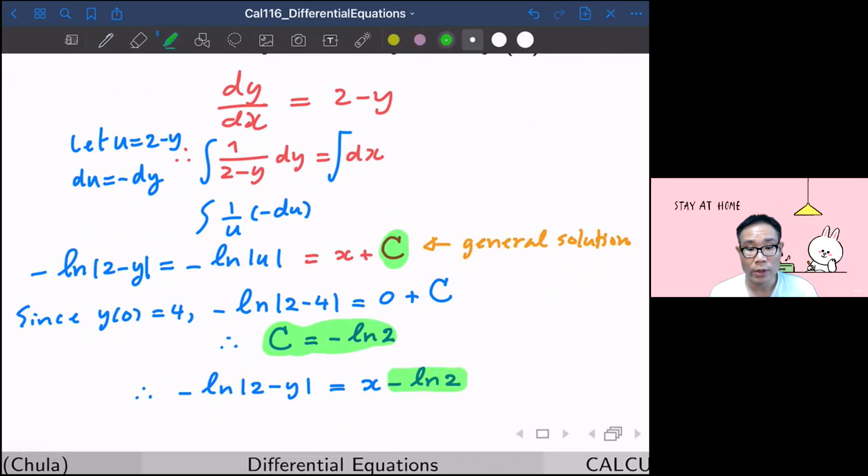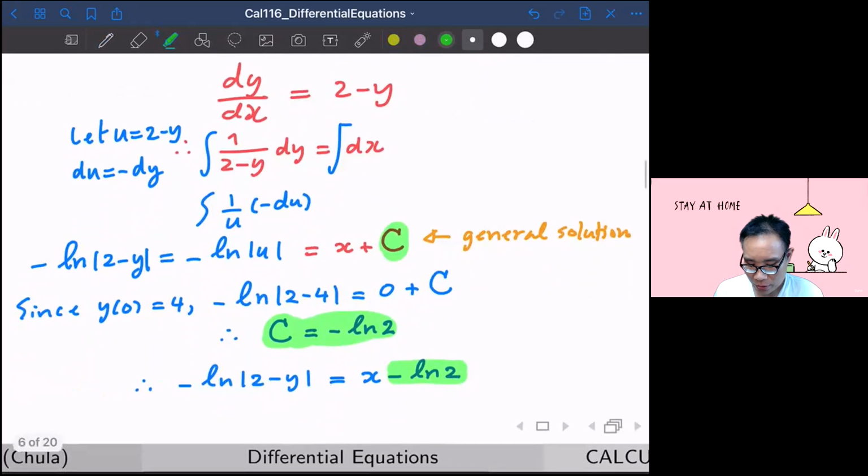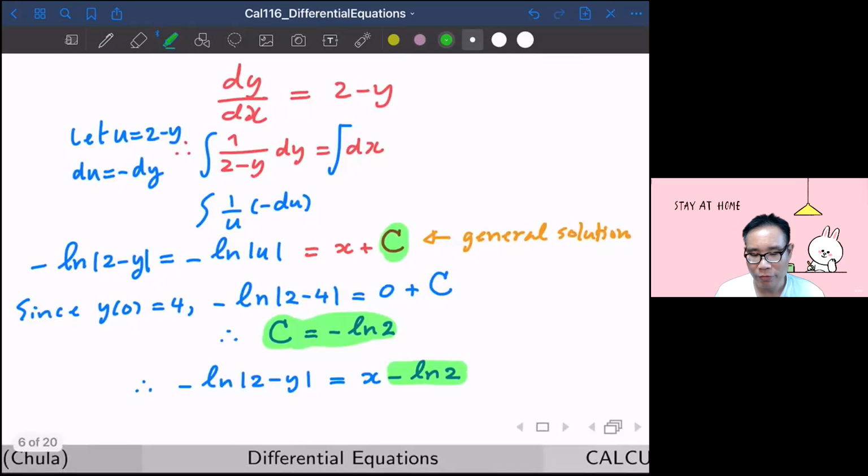Okay, so this one will be just the particular solution that you have found. And this one will be your final answer, okay? So you don't need to solve for y if it turns out to be complicated like this one. Like I said, it's not necessary. So you'll be able to just give me the solution in the form here.